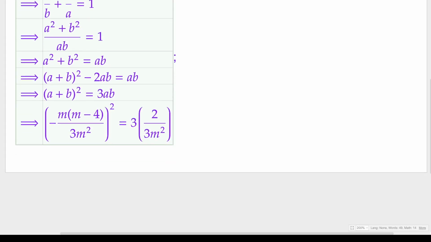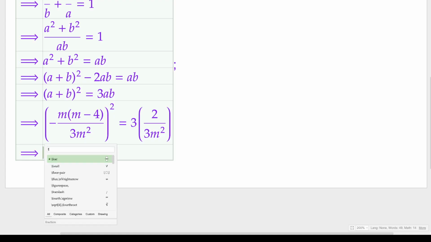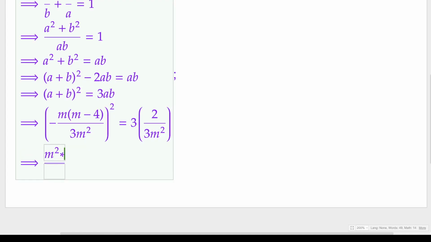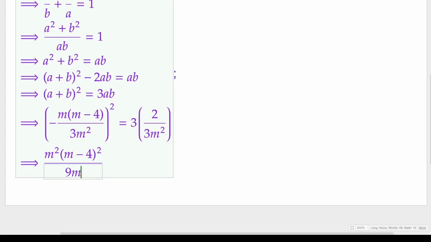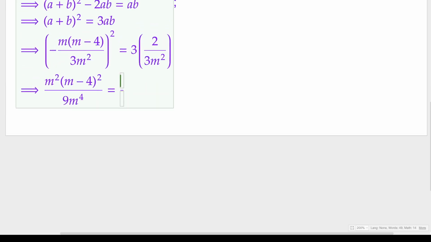After resolving these expressions, this can be written as m²(m − 4)² over 9m⁴, which is equal to 2 over m². The m² cancels with this, and the other m² gets cancelled out with this.